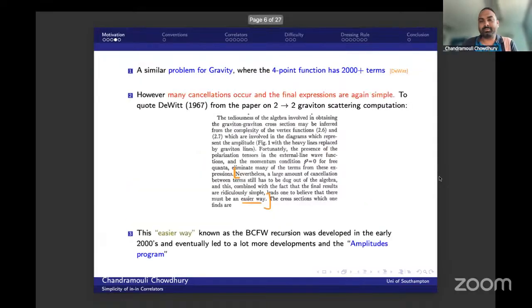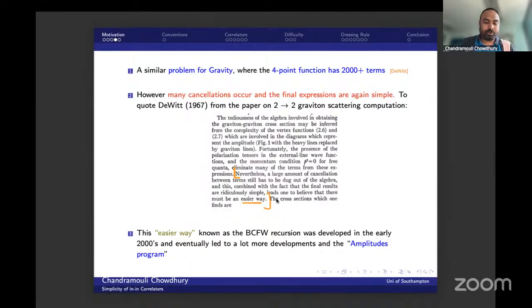If you're asking something which has to do with, say, gravitons, even at the 4-point graviton scattering, DeWitt in the 1960s actually did this computation, where he showed that the 4-point function also involves summing over 2,000 plus terms, which is much worse than what happened previously. But even then, he found many wonderful cancellations. And there was a very similar quote in his paper from the 1960s.